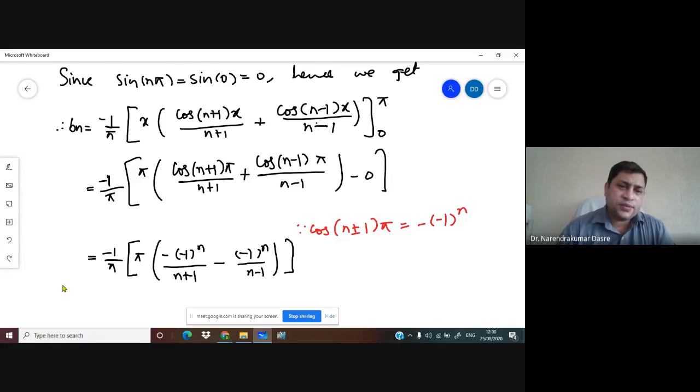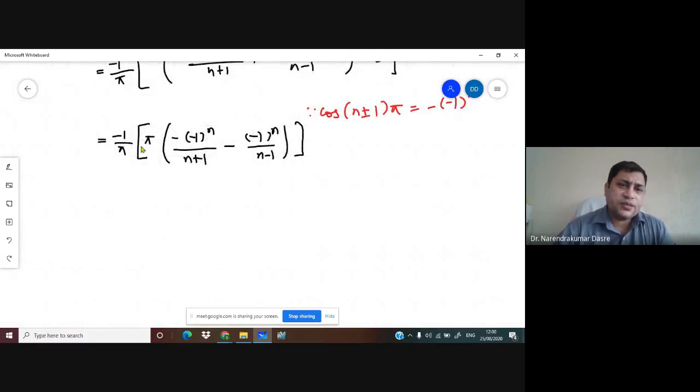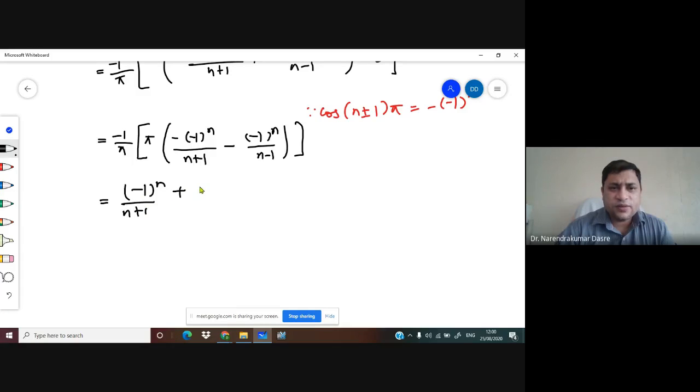Okay, and hence what we know is this pi will get cancelled. Okay, again I have minus, so this minus will multiply to this and this. So I will have this pi will get cancelled. Then it is minus 1 raised to n upon n plus 1 plus minus 1 raised to n upon n minus 1.